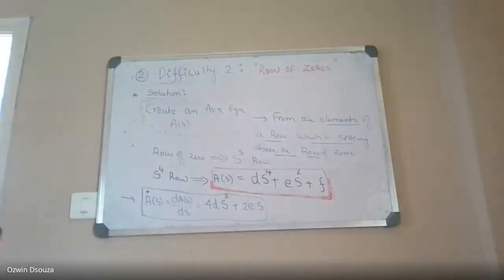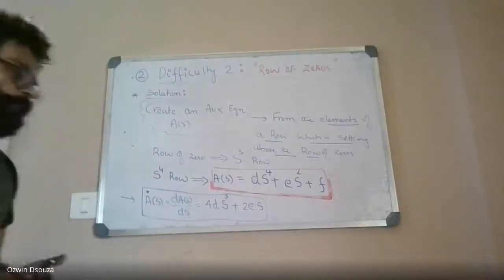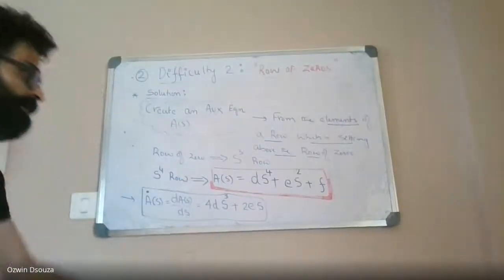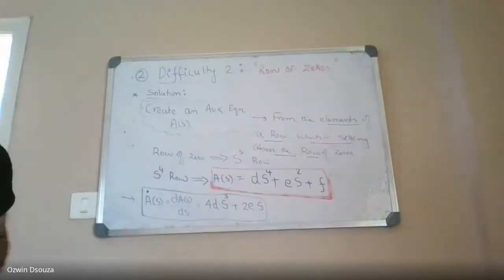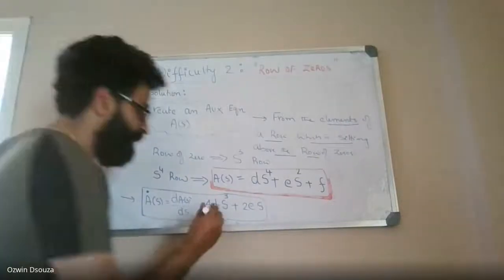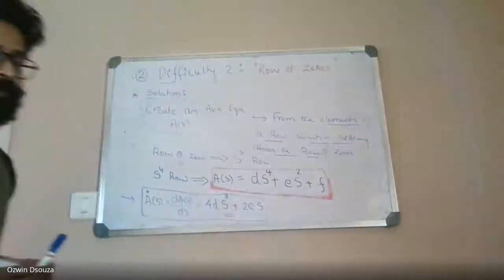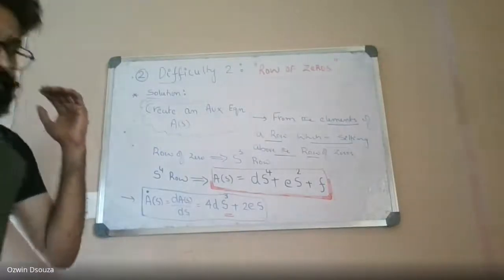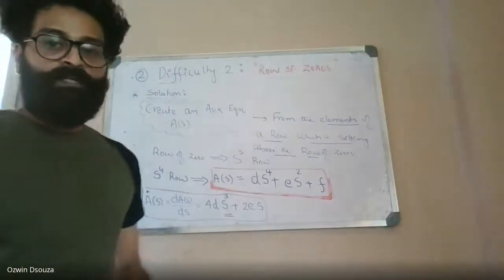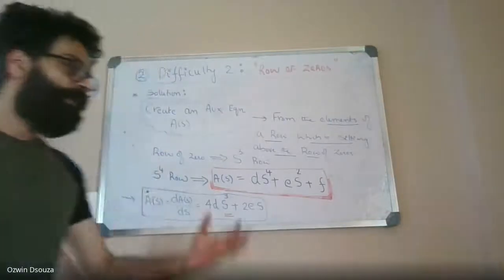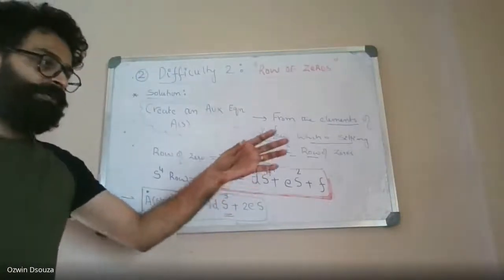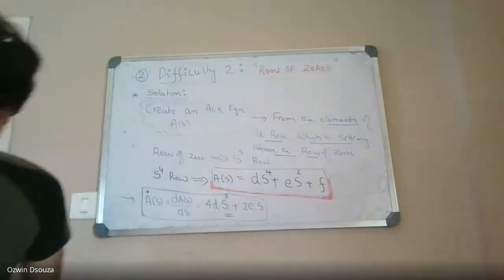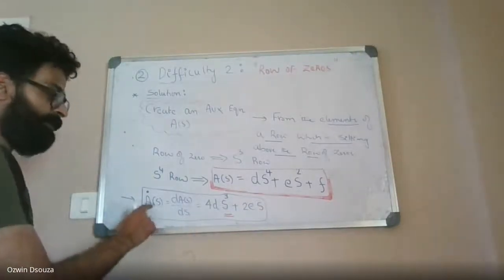Now, by doing differentiation, what did you get? The highest power of s has now become 3. I hope you got the idea now. Now, what was your row of zeros? S to the power 3. So, in place of all those 0 elements, you can substitute the A dot of s coefficients.